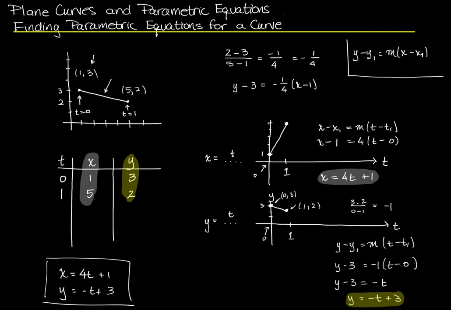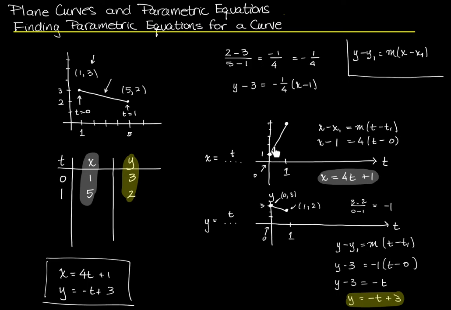Now, x is a little harder to see because we're graphing it vertically here, but we have to look at it horizontally here. Over the course of 1 second, x moves from 1 to 5. So it looks like it should be really steep here. But if you go to the graph over here, what we're saying is that x moves from 1 to 5.